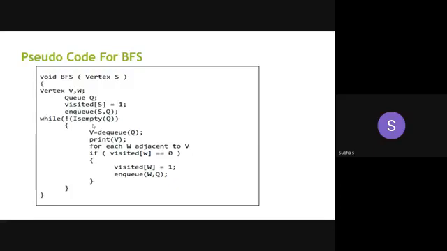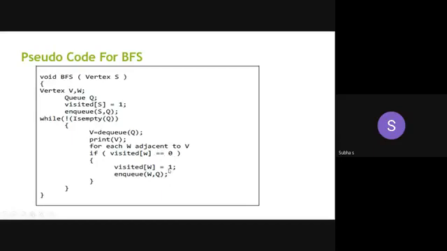When I start, while Q is not empty, you are going to follow V equal to DQ of Q. What am I going to do? I am going to remove that particular vertex, and you can print that vertex. After removing, you have to find the adjacent vertices for each W adjacent to V. Then for each W, if visited of W is 0, mark it as 1.